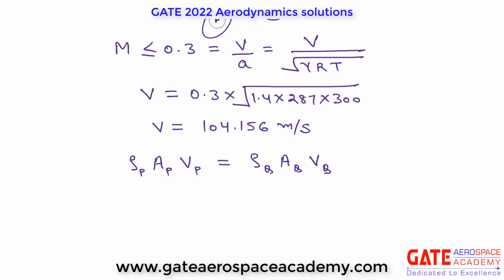So we can write AP VP is equal to AQ into VQ.